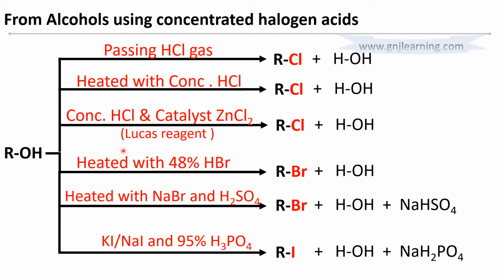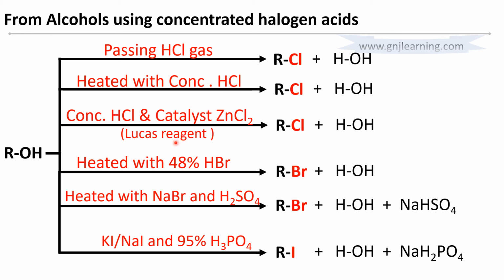So before finishing this part, let us conclude the reactions that we saw in this part. I have alcohol, and from alcohol how to synthesize haloalkanes. In the case of chloroalkanes, I can synthesize by passing HCl gas, or using concentrated HCl with heating, or instead of heating I can use zinc chloride. That is Lucas reagent.